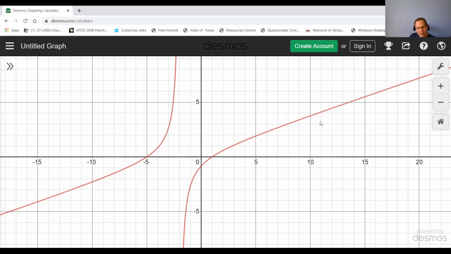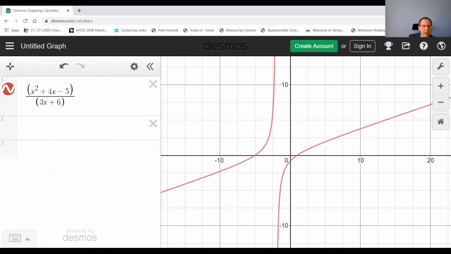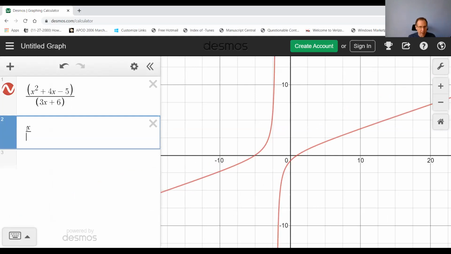It's not approaching some constant number. So there is no horizontal asymptote. And as x gets really, really small, it's also going towards negative infinity. It's not approaching any constant number. In fact, if you look at this carefully, remember we found that when we simplified it, we got x over 3. If I plot x over 3, that's really what it's going to be approaching in the long run. So let me plot x divided by 3.